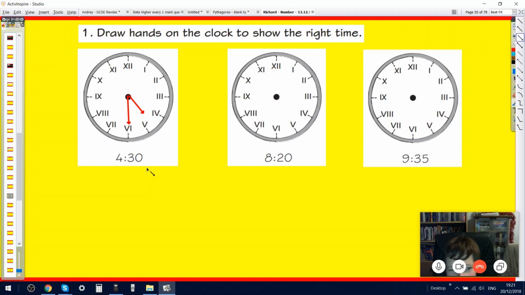The minute hand would need to be pointing at the 9. Wait, no, come on. The hour hand needs to be pointing at the 9. Right. And so I'd always start with the minutes one.